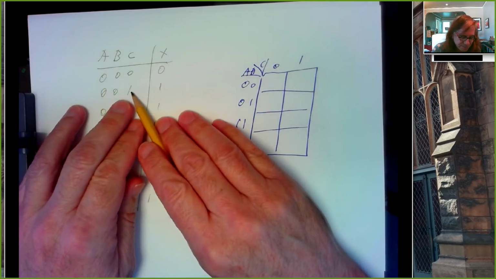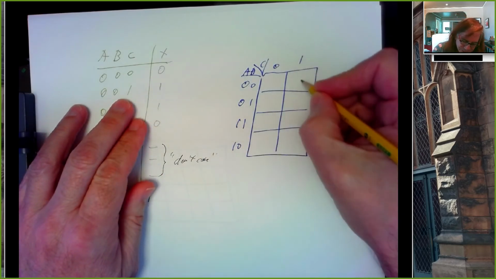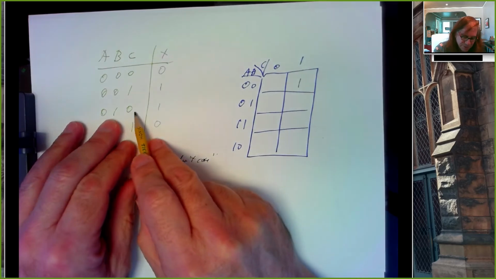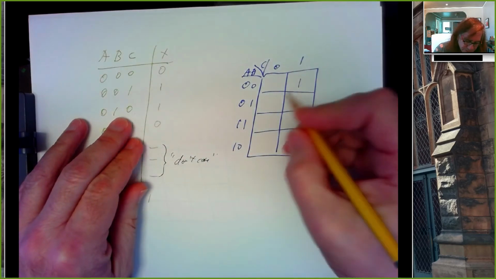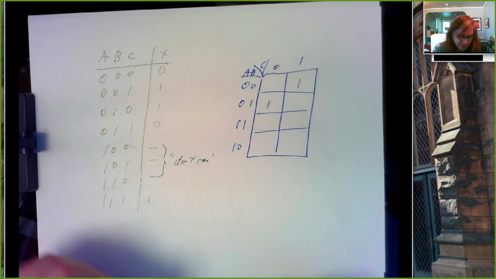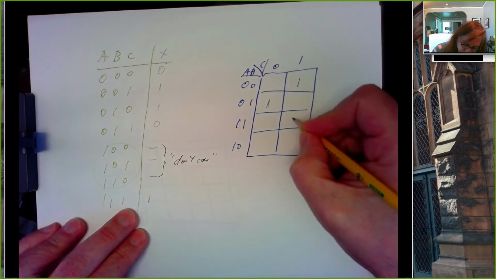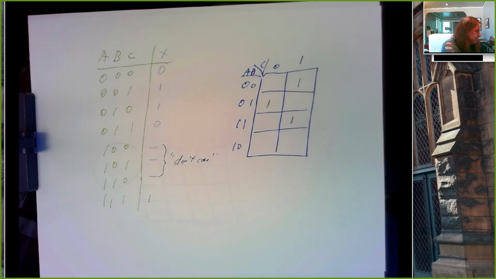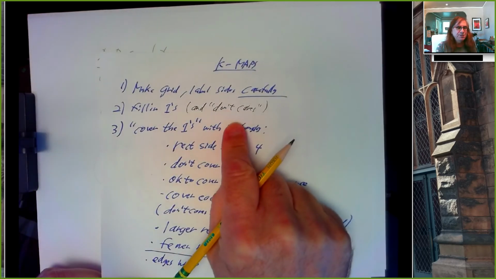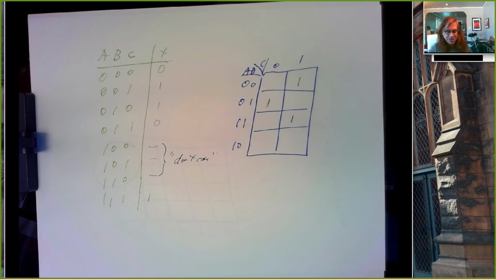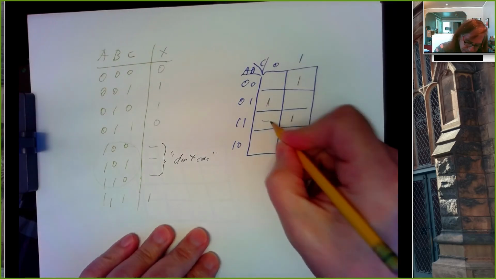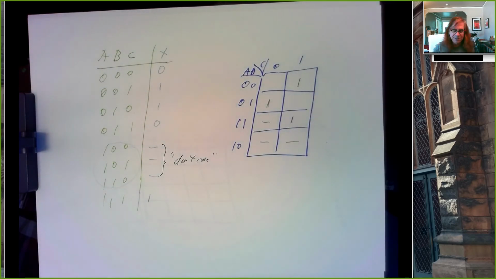So A is 0, B is 0, and C is 1. That's right here. 0, 1, 0 is right here. And then 1, 1, 1 goes right here. All right. So when we fill in the ones, we also want to fill in the don't cares. And we just carry those over as dashes, like that.